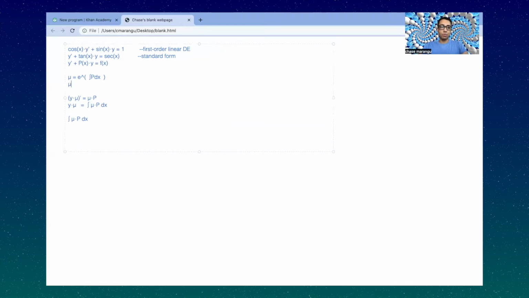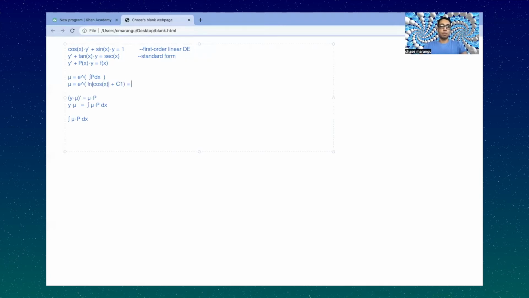And so that is going to be e to the, and I've already solved this, the integral of tangent of x, which is equal to ln of absolute value of cos x plus c, plus a constant.